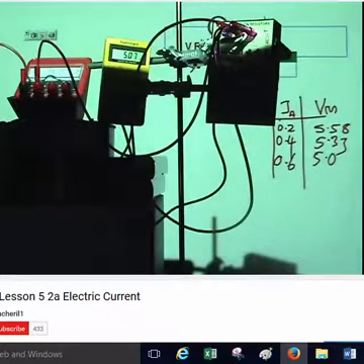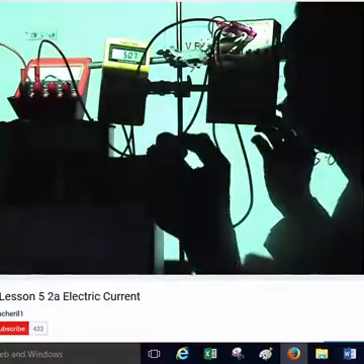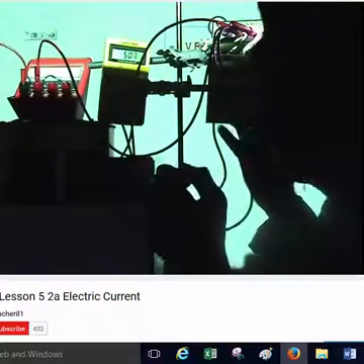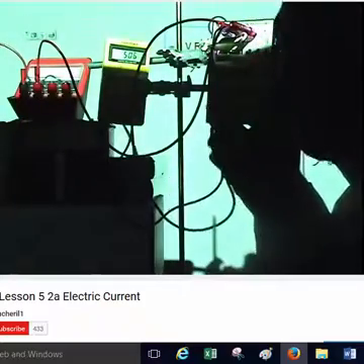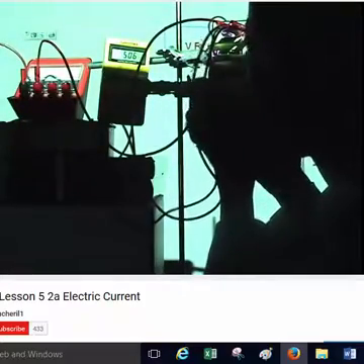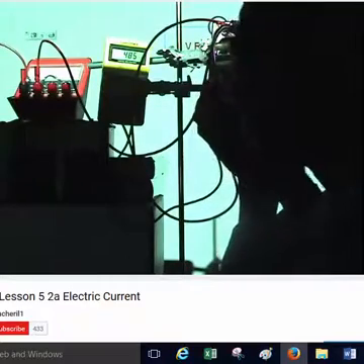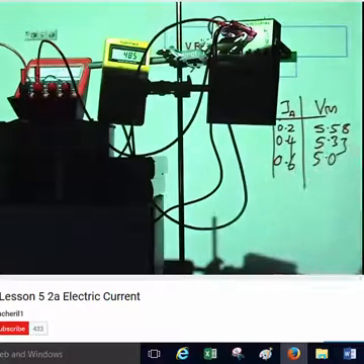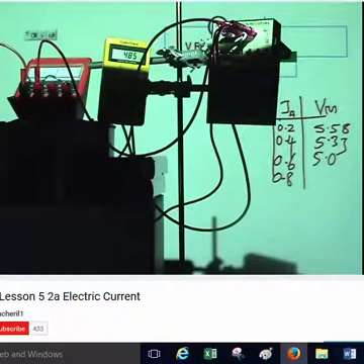I'm going to increase the current to 0.8. Well, let's see how we can do that. There, the current is now 0.8 ampere. The potential difference now is 4.85.